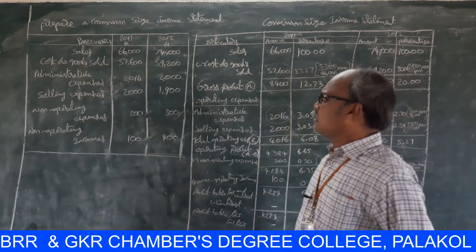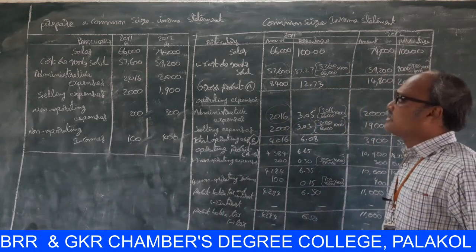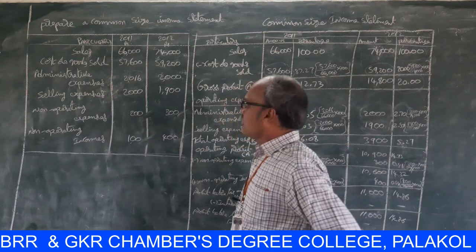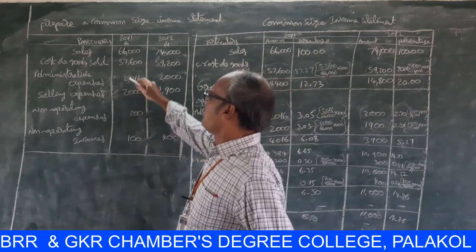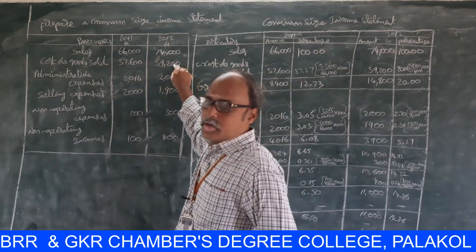Everyone, this is the example problem for the common size income statement. Let us see the problem. Particulars, 2011 and 2012.